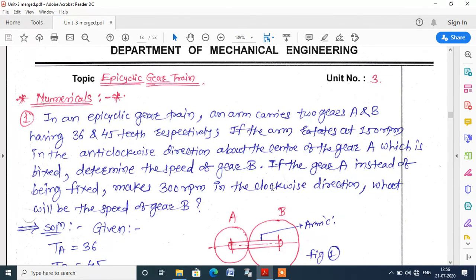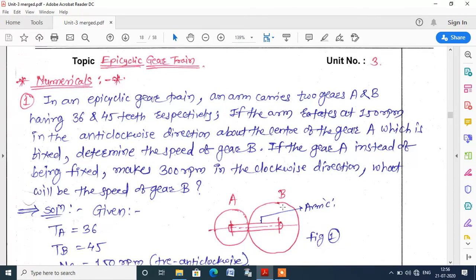Okay. So now we have to see the numericals, how to solve the numericals of epicyclic gear train. In this session we will see the numerical, or maybe in the next session we will see the detailed solution. So let us start the numerical.